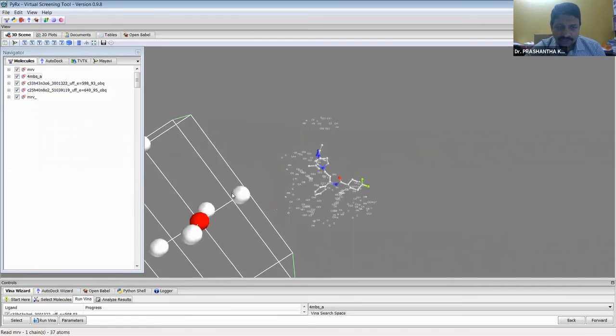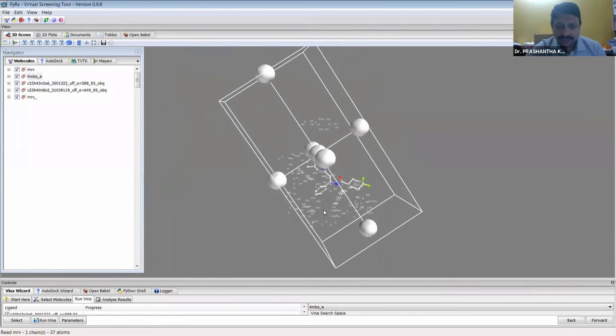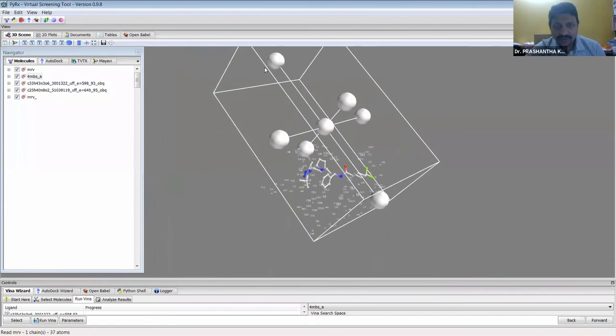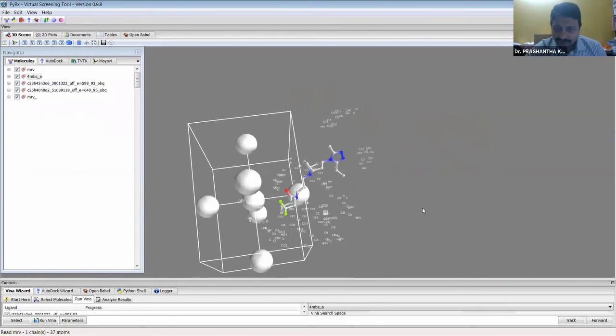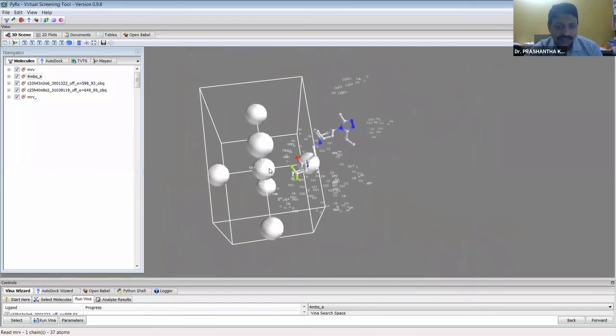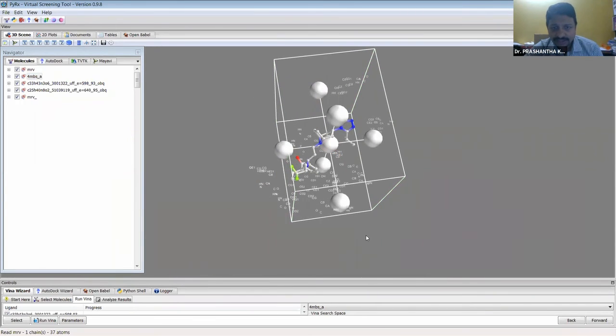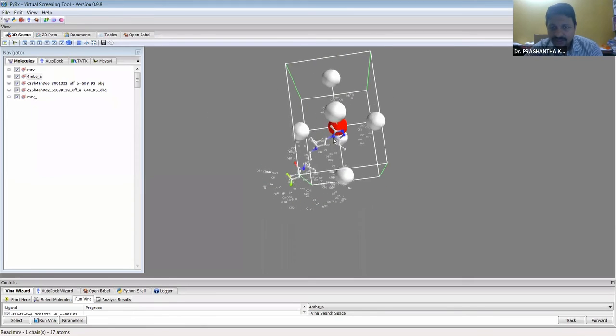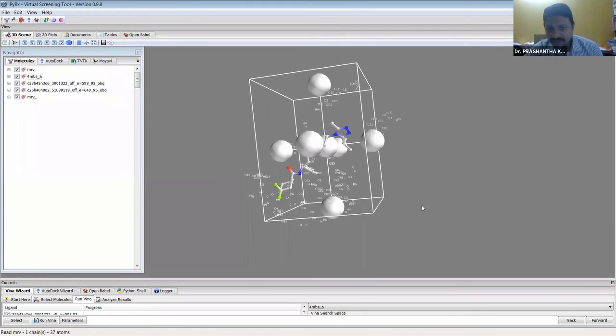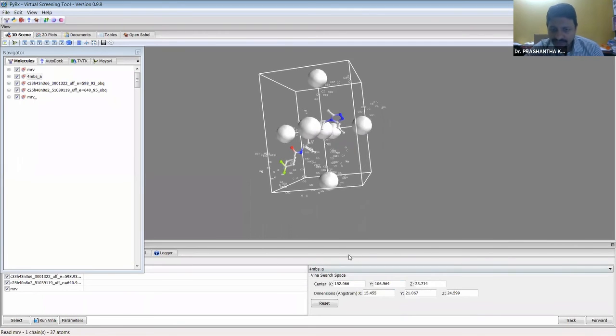Now we should put our grid box within this place. Now set the grid box. Previously, whatever Dr. Karthik has demonstrated, it was not something like you can move the grid box as we are doing now. There was an option where you got to keep dragging manually.